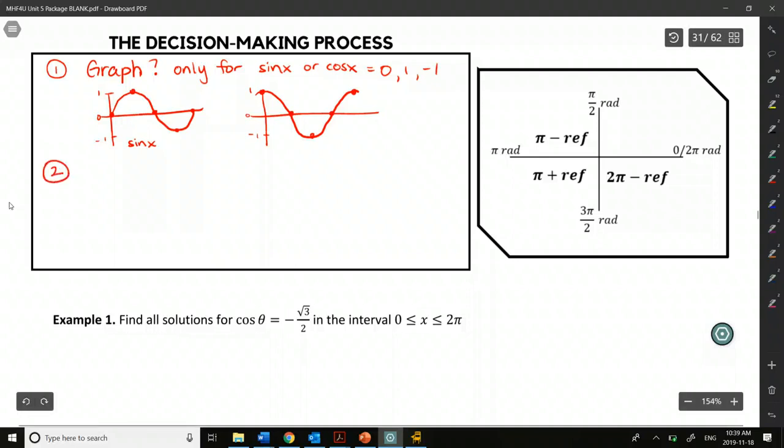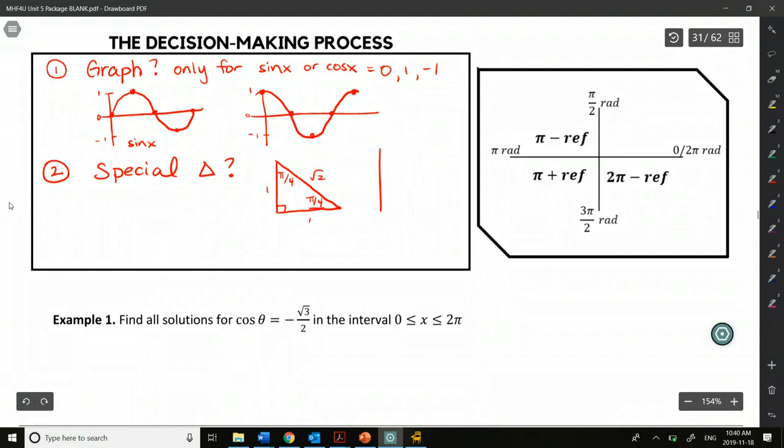The second one is, can I get one of these ratios, like for instance, if I have root 3 over 1 or root 3, I can get that from a triangle. So can we use a special triangle? Okay, and as we remember, our special triangles are the pi over 4, pi over 4, pi over 2 triangle, with ratios 1, 1, and root 2.